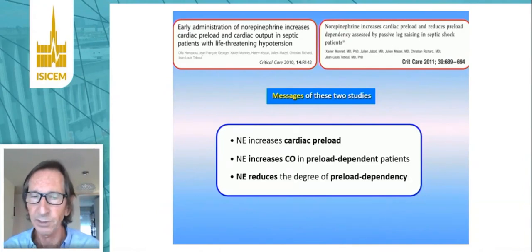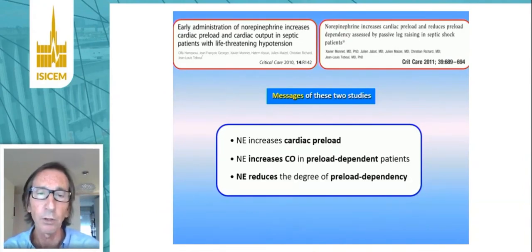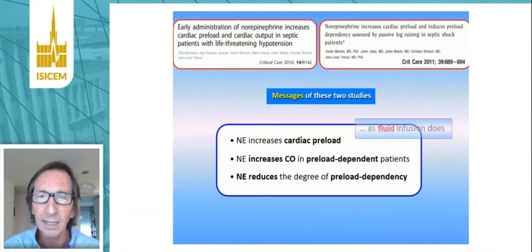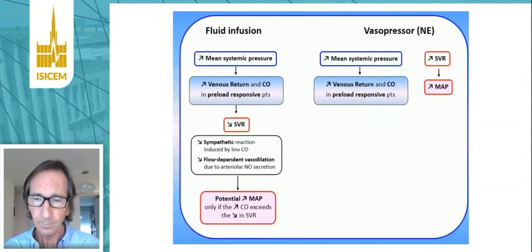So the messages of these two studies were that norepinephrine increases cardiac preload, increases cardiac output in preload-dependent patients, and reduced the degree of preload dependency, exactly as fluid infusion does, exactly the same effects.